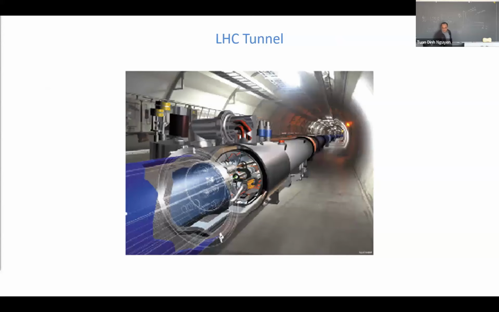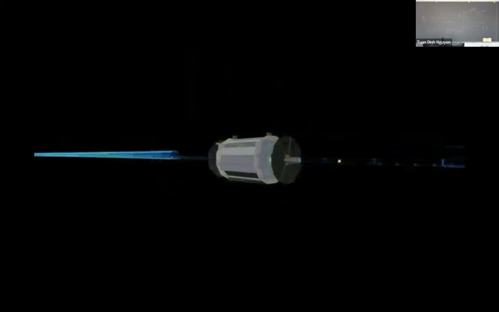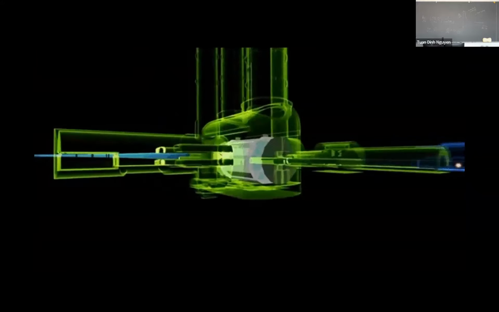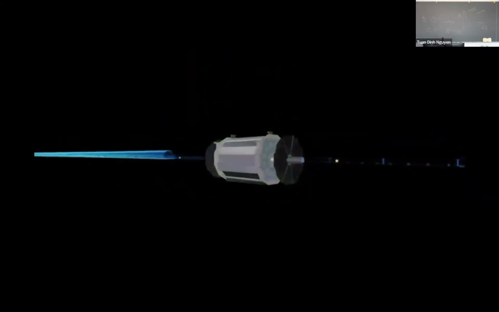And this is what it looks like. You see counterpropagating bunches. Here's a slice through those two bunches sitting in the detector. And like I said before, we'll have a presentation on the detector.